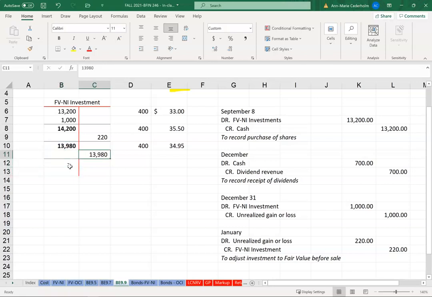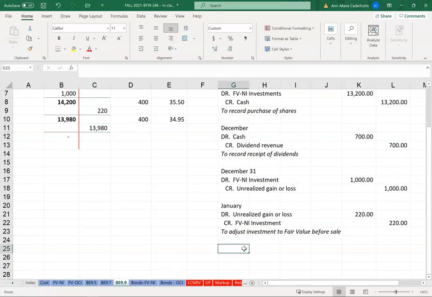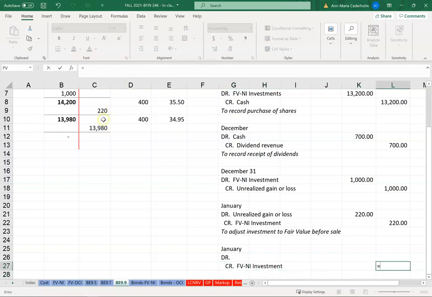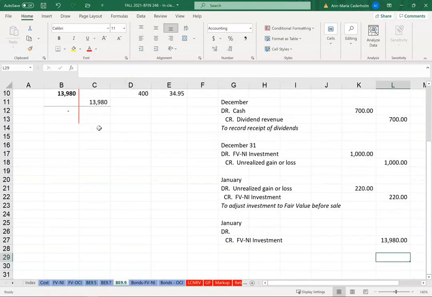So I will have to credit my investment account for the $13,980, and then debit my cash for the $13,980. And I'll just say to record sale of investment.